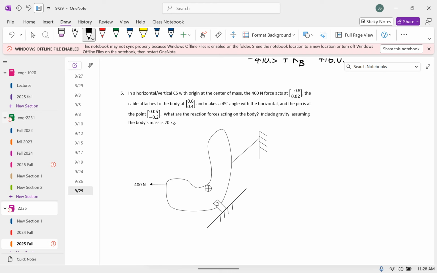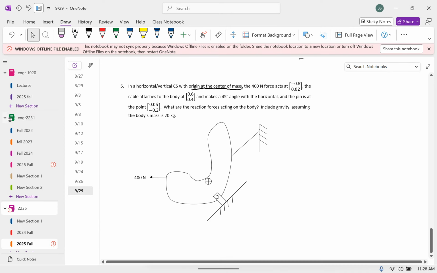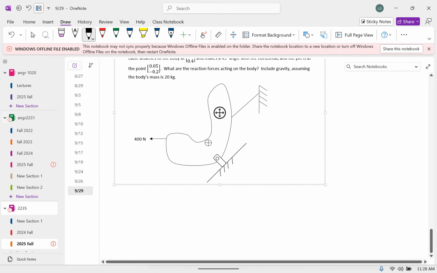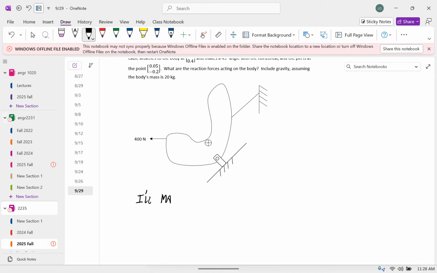So we know the origin is at the center of mass. So I'm going to make that my about point, since it's already given us so many of these coordinates in that coordinate system. So I'm going to make the origin the about point.